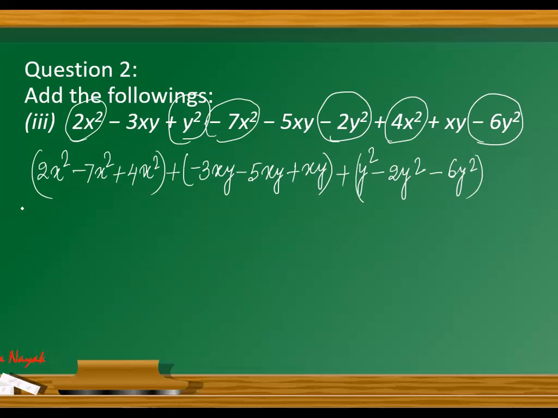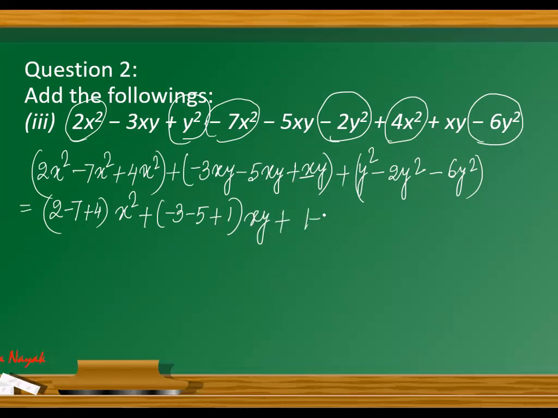I hope you have understood. You can do it yourself now. So you can check the answer only. 2 minus 7 plus 4, all x². Then minus 3 minus 5, xy has coefficient 1, xy. Then 1 minus 2 minus 6, y².